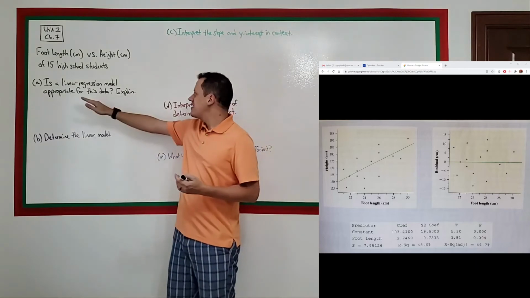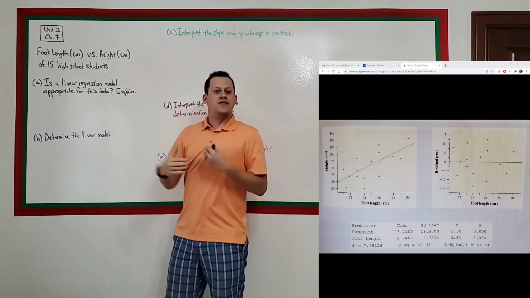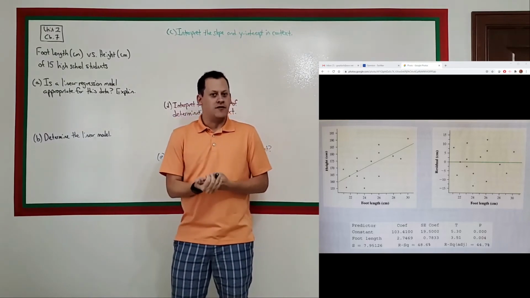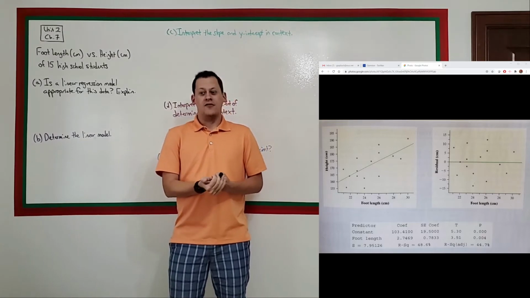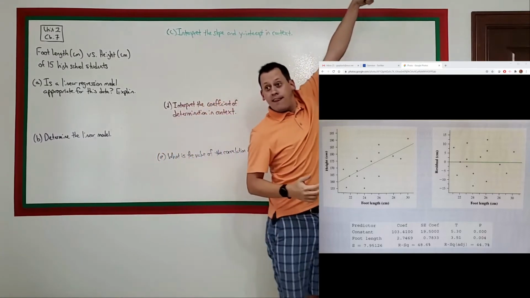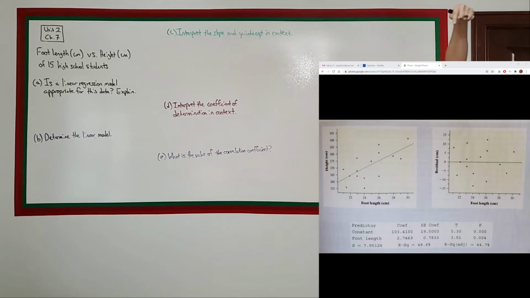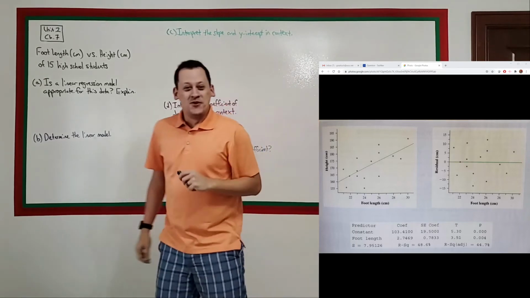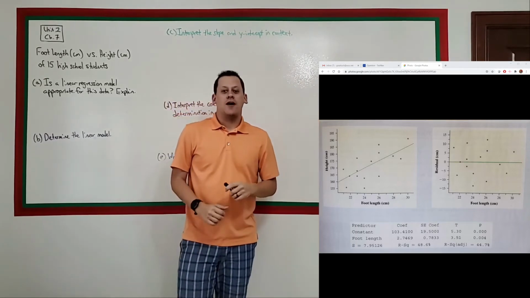Because this is not asking for your opinion. There's a very specific way to determine if a linear model is appropriate. And it involves looking at this graph, the residual plot. That residual plot will tell you whether a linear model is appropriate.